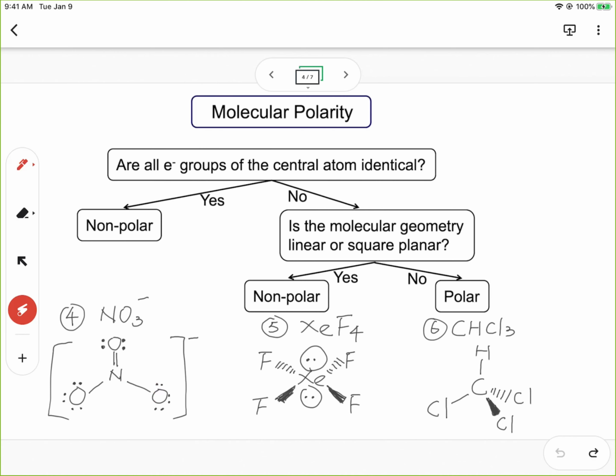However, if you remember what we did for resonance structures, we said that this double bond can migrate. It doesn't matter which oxygen shares the double bond, if you remember the previous videos. So that means that the 3 bonds are identical. So the answer for the first question for this NO3 minus species is yes, they are identical. So it's nonpolar.